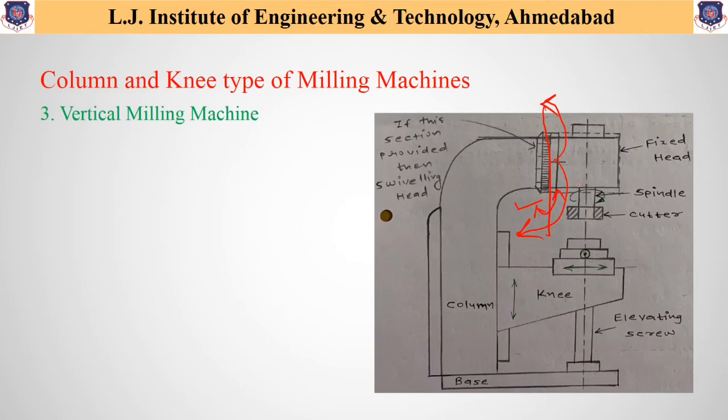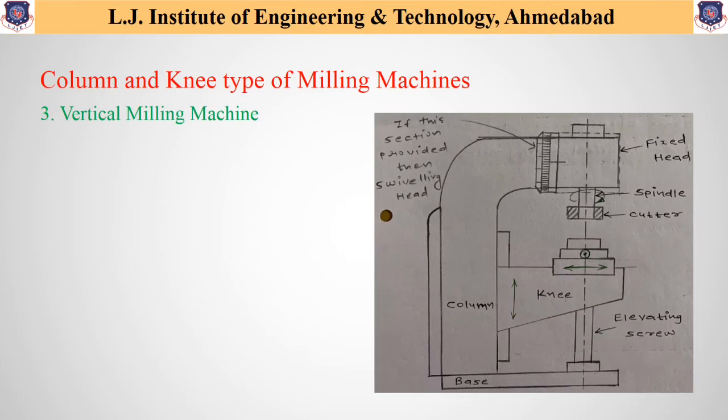So if this vertical spindle can be swiveled to any required angle for machining inclined surfaces, and this type of arrangement is provided, then that vertical milling machine is called a swiveling head type vertical milling machine. So this is the difference between fixed head type and swiveling head type milling machine.